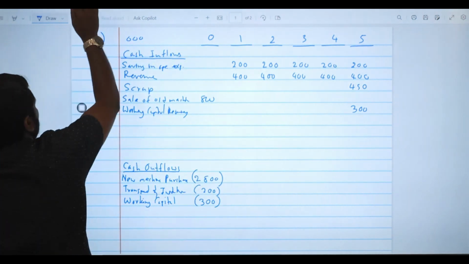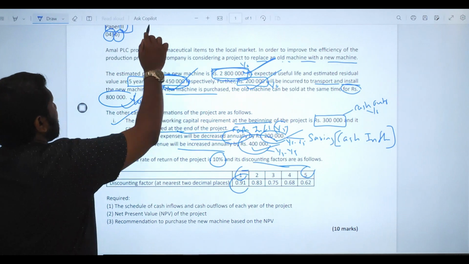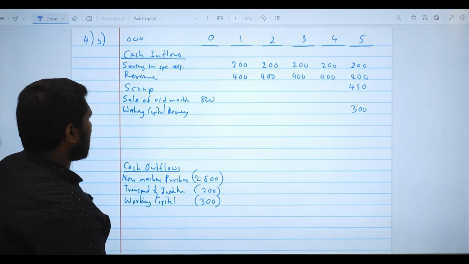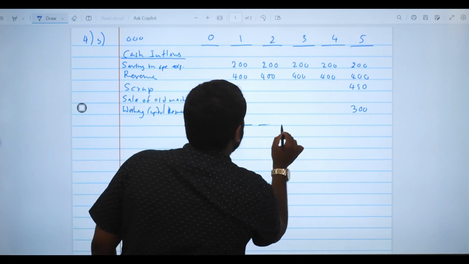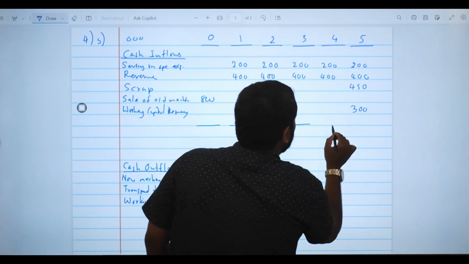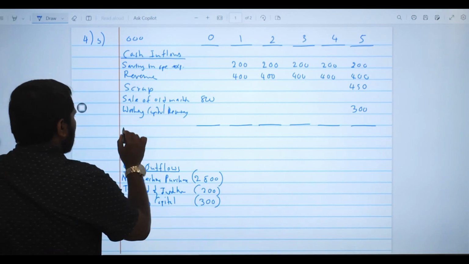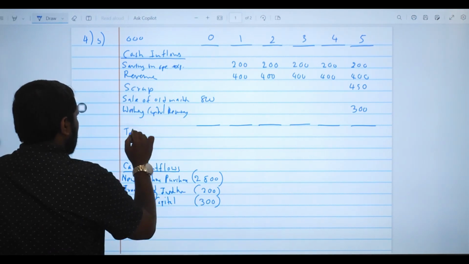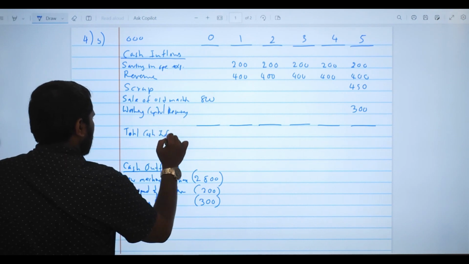I think we are done with all the adjustments, if I am not mistaken. Yes, we are done with all the adjustments. Now let's take the total values here. Year 1, year 2, year 3, year 4 and year 5. So here you can get the total cash inflows.